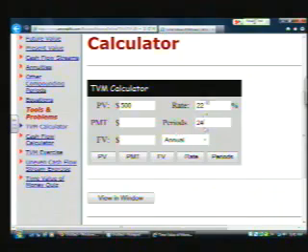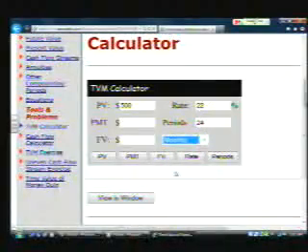How many months are there in 2 years, Jonte? 24. So we'll put a 24, and we will stick a 22 in the rate. We'll put 24 in the interest periods, and hit the drop-down box, select monthly.